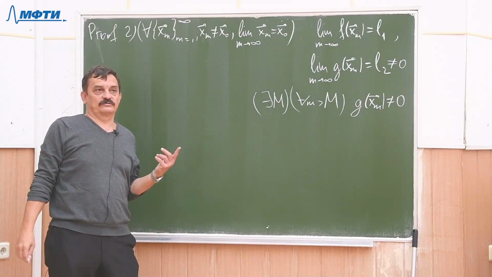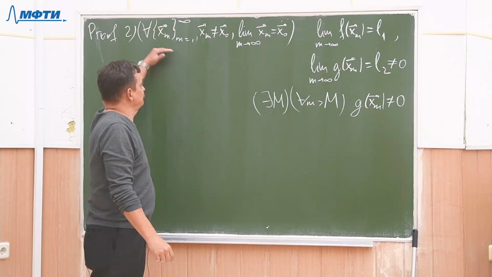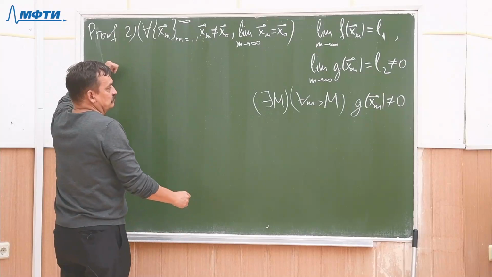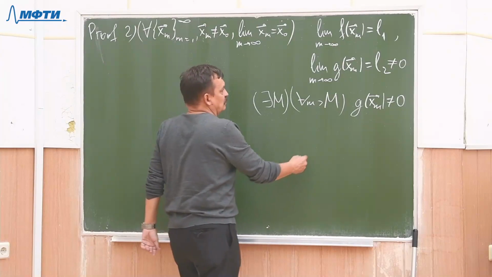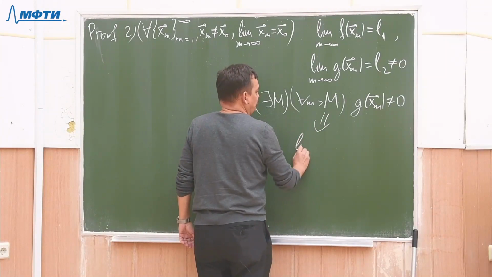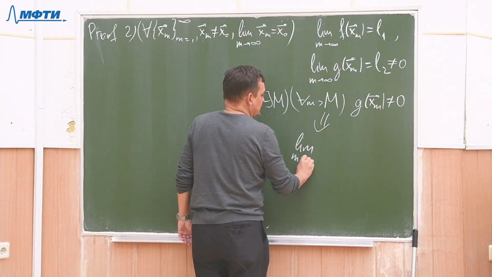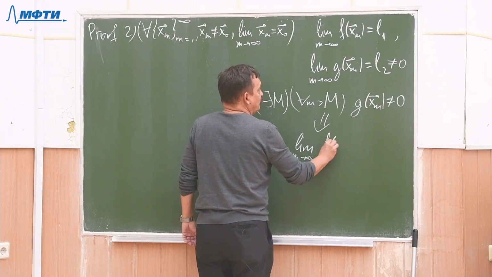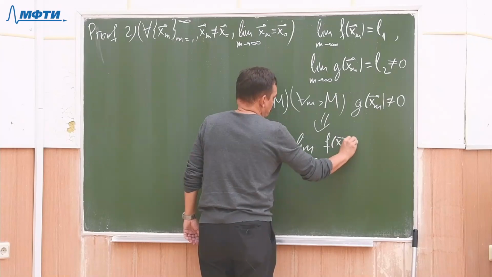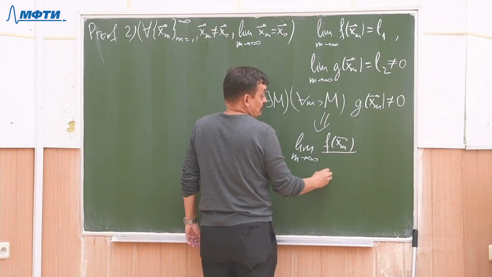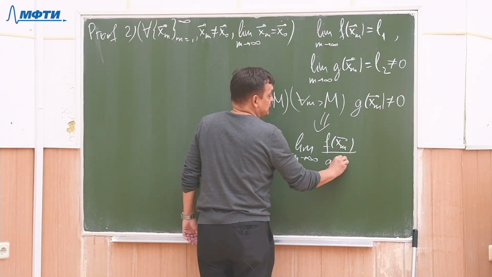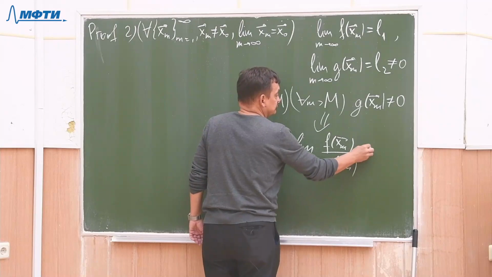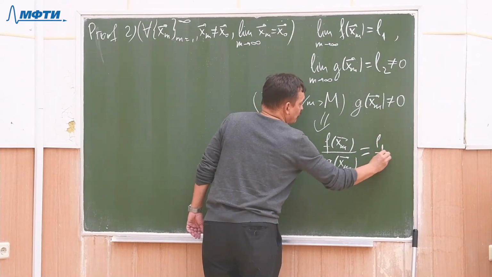That's important. So then the limit as m tends to infinity of f of x_m over g of x_m is equal to L1 over L2, right?